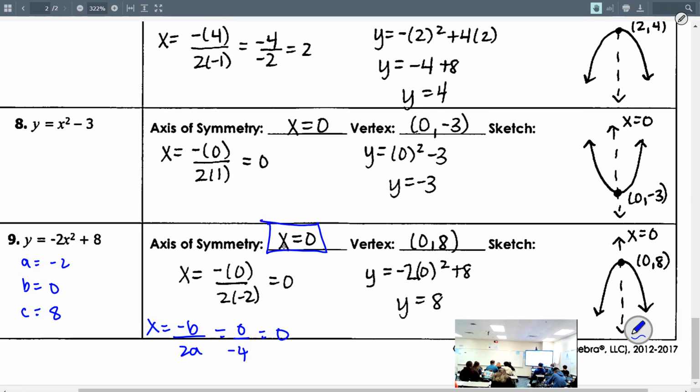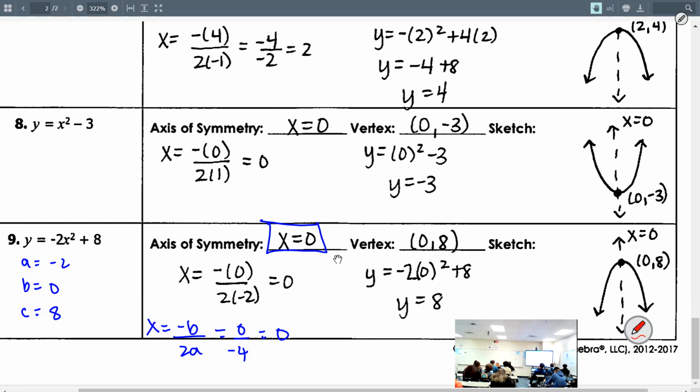Make sure you have the x equals in there. And it gives you the x value of your vertex. All right, so just to find the y value of your vertex, plug in 0 for x in your given equation and solve for y. So 0 squared is 0. 0 times -2 is 0. 0 plus 8 is 8. So questions on that process?